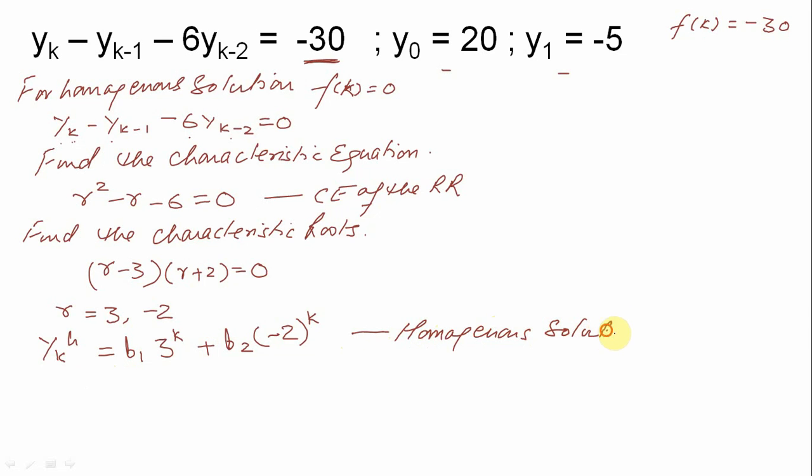Now I have to find the particular solution. For finding the particular solution, I am going to first identify the trial function. Now we have seen the function f here is 30. That is a constant.